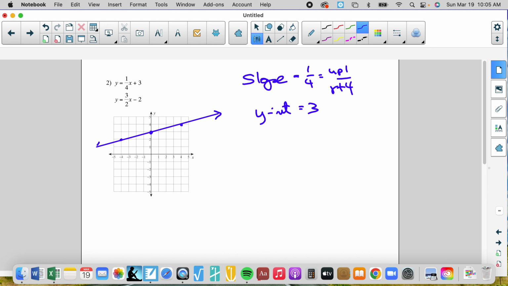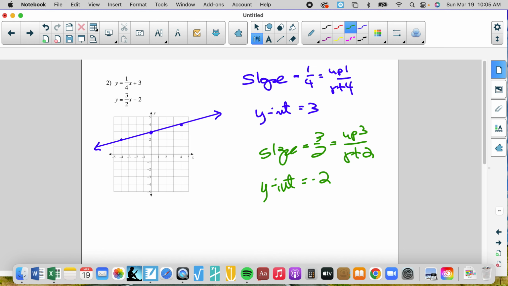I have arrows. My slope for my other equation is going to be 3/2, which is up 3, right 2. My y-intercept this time is -2.